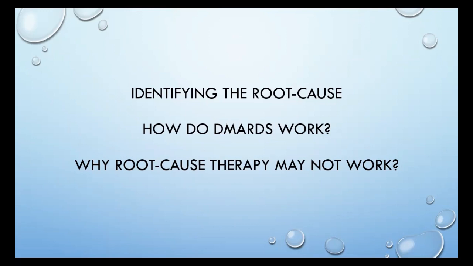In any case, it is important to understand the root cause so that we can address it accordingly. Now, the first line of treatment that most rheumatologists give is DMARDs, which are disease modifying anti rheumatic drugs. What are these exactly?